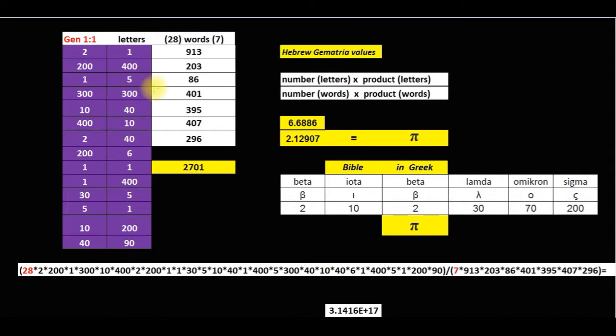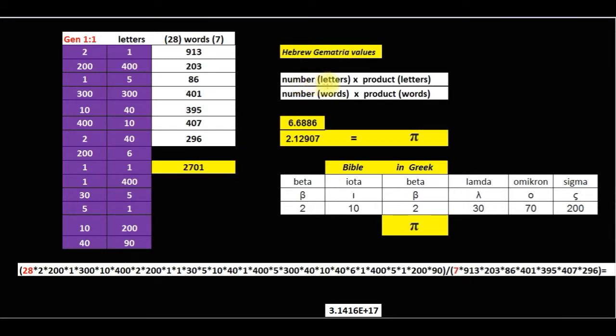This is a spreadsheet that I set up to show Genesis 1:1, and it's 28 letters and 7 words, and their values totaling 2701, which is the total Hebrew gematria value for Genesis 1:1.